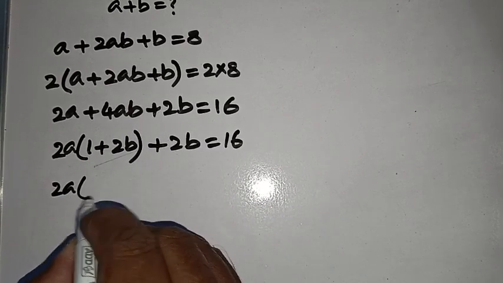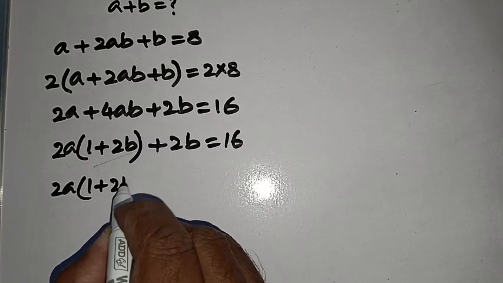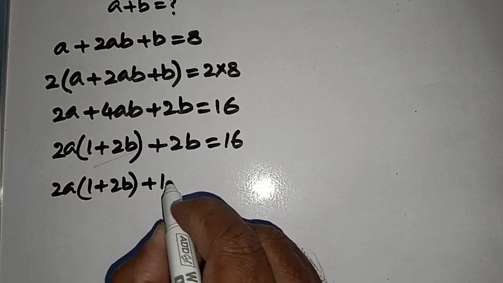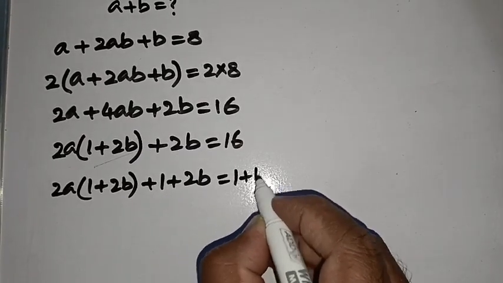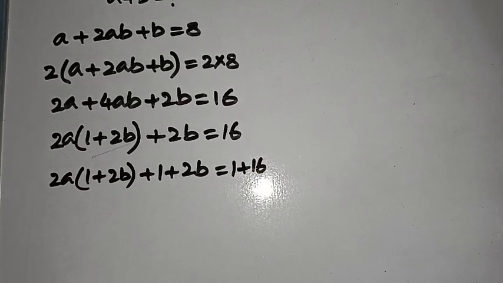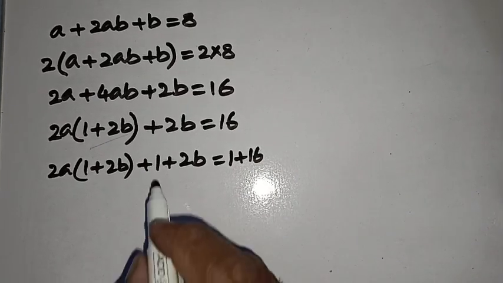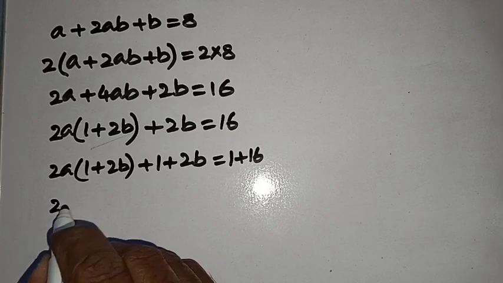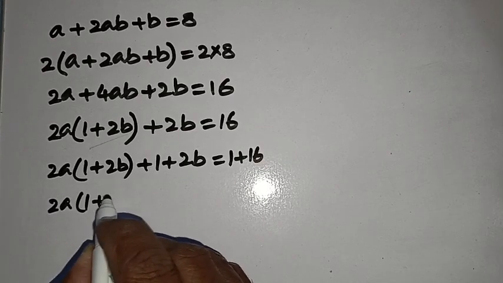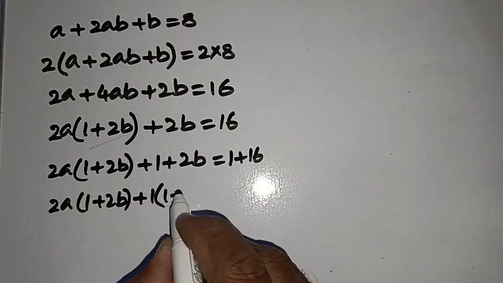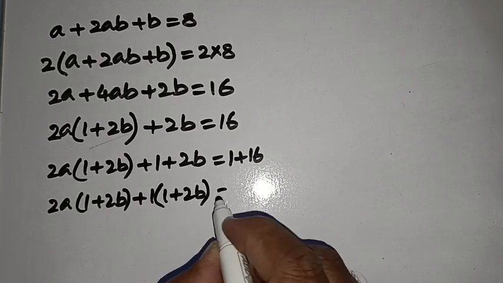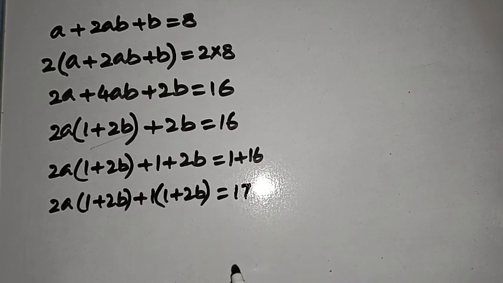So 2a(1 + 2b) + (1 + 2b) = 1 + 16. So that is 1 I added. So this is 2a(1 + 2b) plus this can be written as 1 into (1 + 2b) is equal to 17.